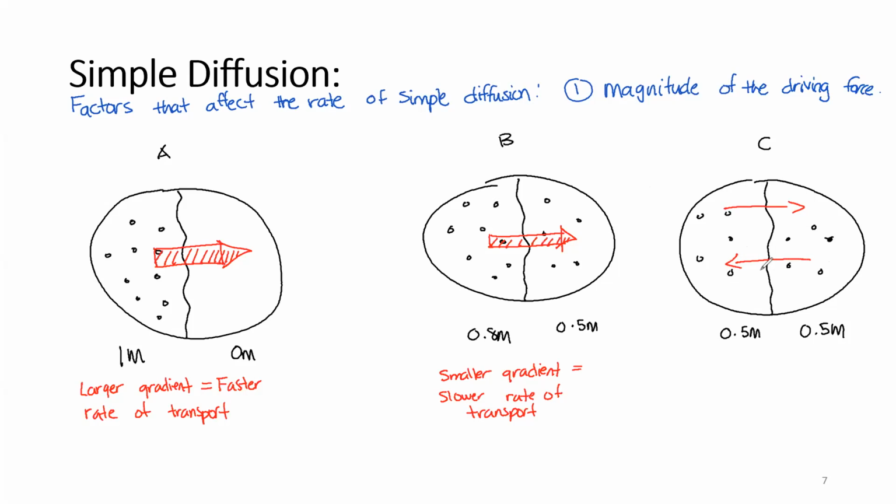So although we have one-way flux, we don't have a driving force and we don't have a gradient. So we have a zero rate of transfer of these particles. So no gradient equals no net flux of particles. Okay, and we call this diffusional equilibrium.